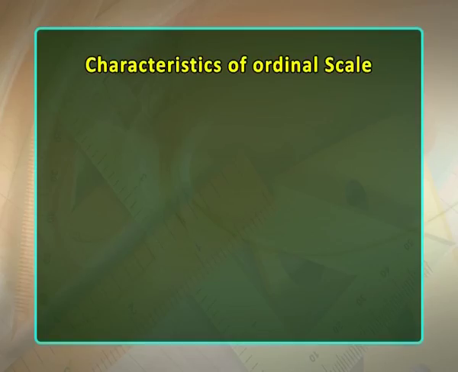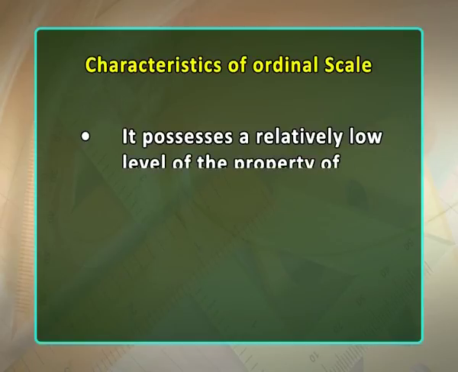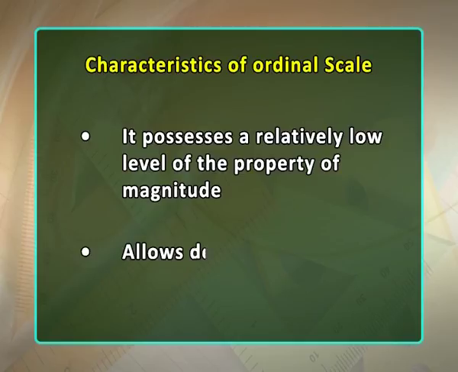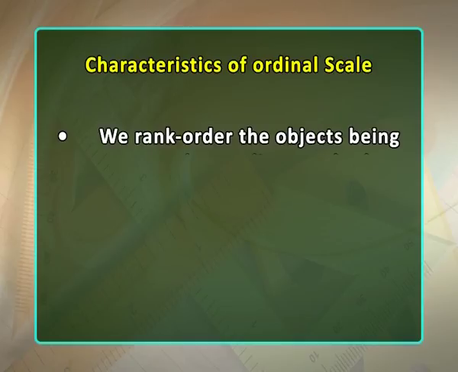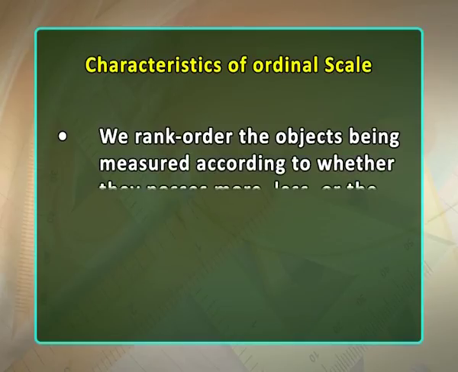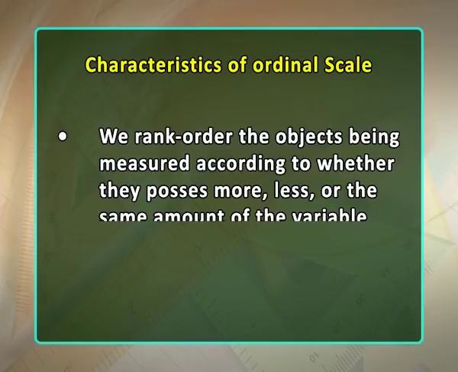Now let's discuss characteristics of ordinal scale. First, it possesses a relatively low level of the property of magnitude. Second, it also allows determination of whether A is greater than B, A is equal to B, or A is less than B. Third, the rank order of the objects being measured according to whether they possess more, less, or the same amount of the variable being measured.